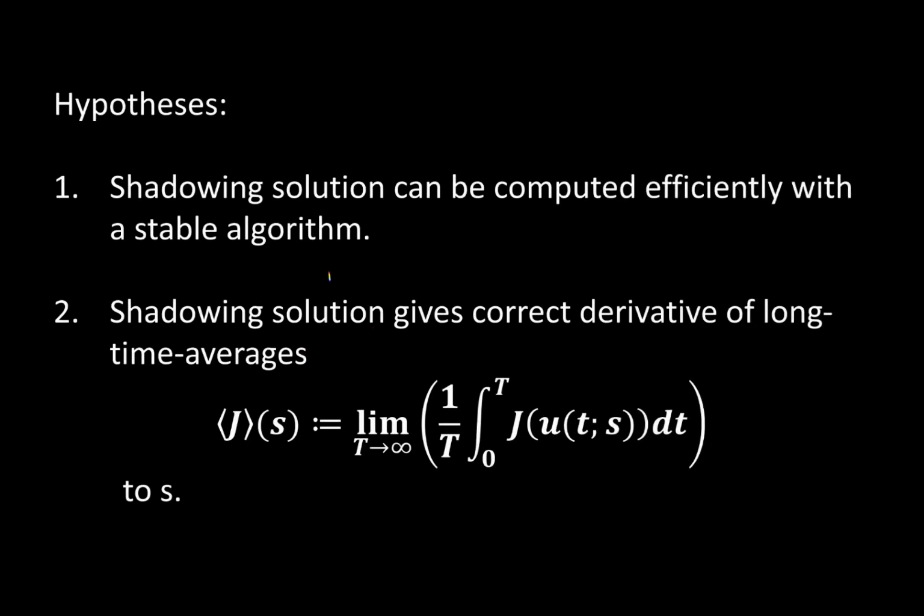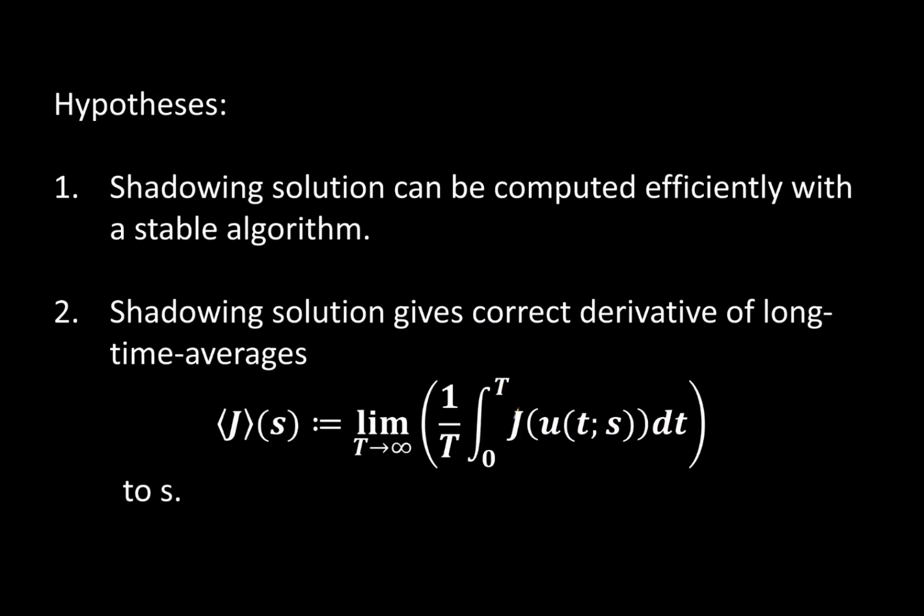So what we want seems to be the case: the shadowing solution, which is what we get here, consists of solutions of the same differential equation with slightly different parameters, also starting from different initial conditions, tuned so that these solutions stick together for a long time.